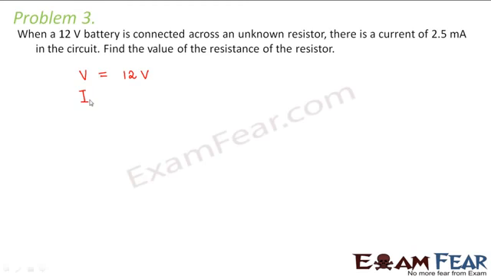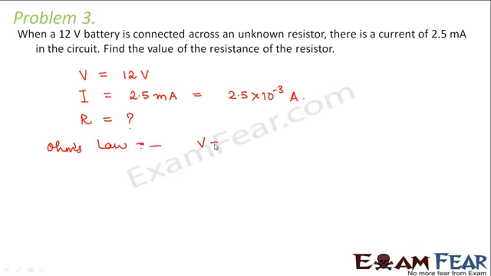Right? So what is the amount of current that is flowing through the circuit? That is 2.5 milliamperes, which can be written as 2.5 into 10 to the power minus 3 amperes. So we have to calculate the value of the resistance. So using Ohm's law, we can say that V is equal to IR.